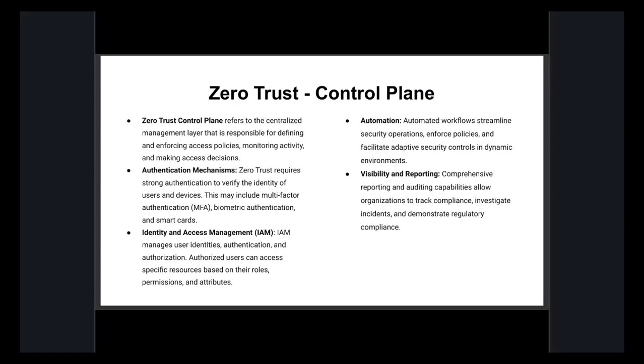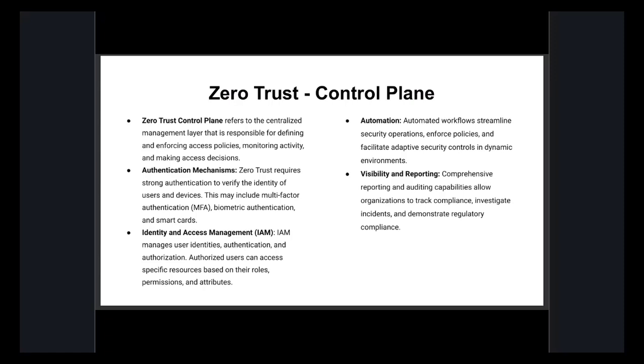The control plane is where we have a centralized management layer that will enforce all of our access policies. We use the control plane for our authentication. We can create biometric authentication, smart cards, and multi-factor authentication policies within the control plane.